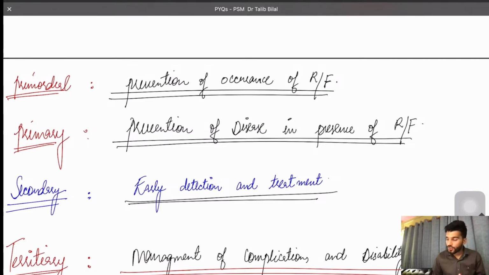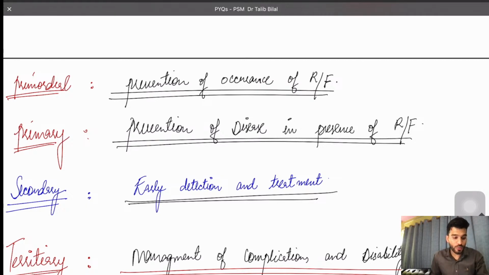Now if a question mentions a patient using BCG vaccine for bladder cancer, which level of prevention will that be?